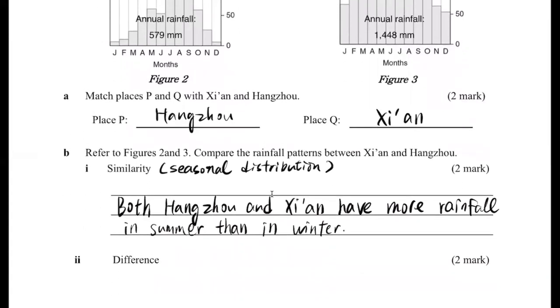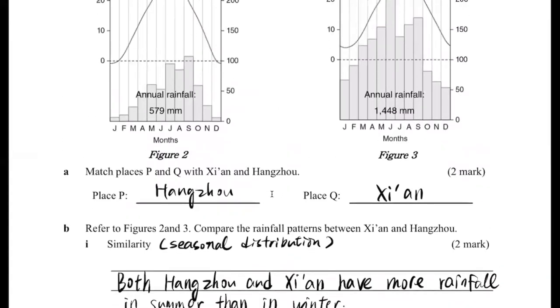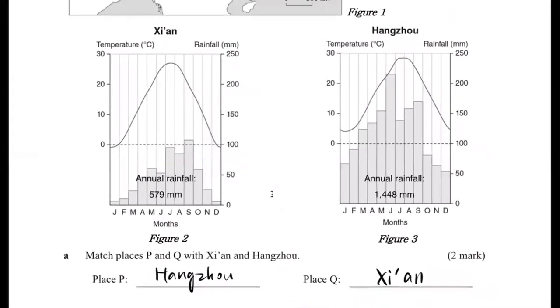Okay, for the differences, we can see that the total annual rainfall is different for Xi'an and Hangzhou. Apparently, Hangzhou had a higher annual rainfall than Xi'an, right?